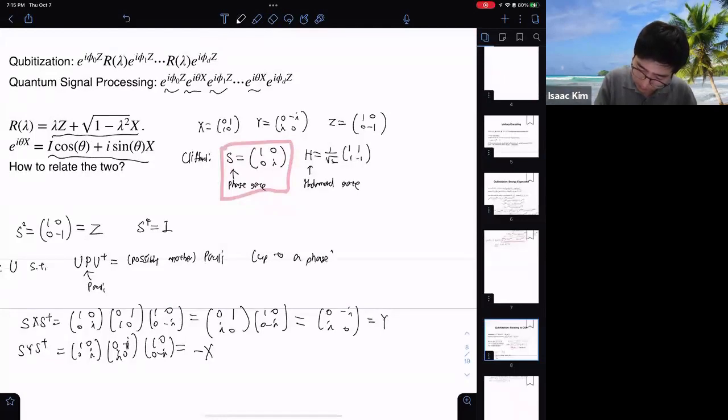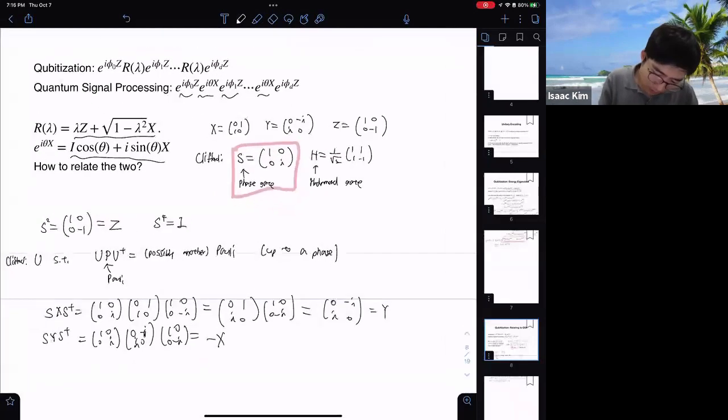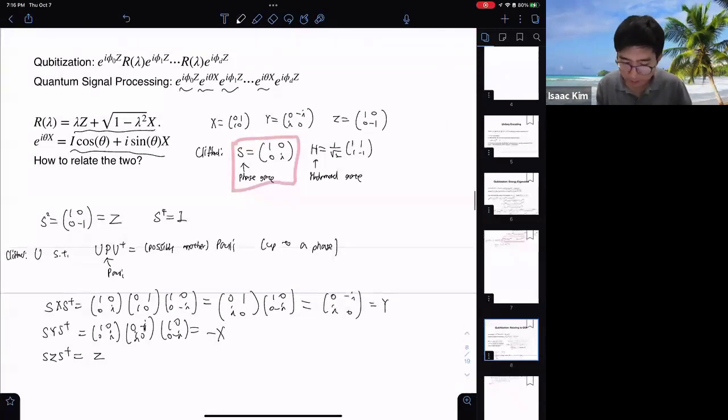And if you apply this to Z, then both are diagonal gates, so they commute with each other. So this just becomes Z.